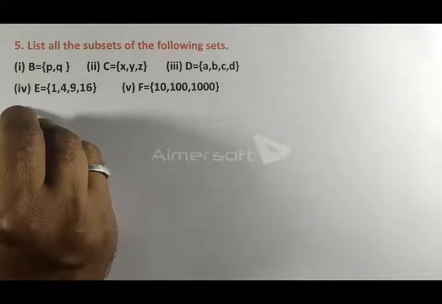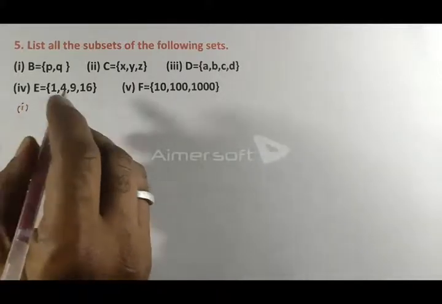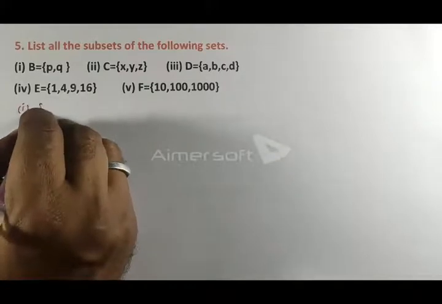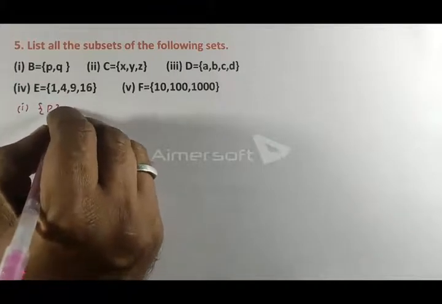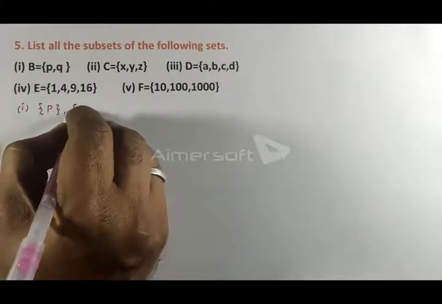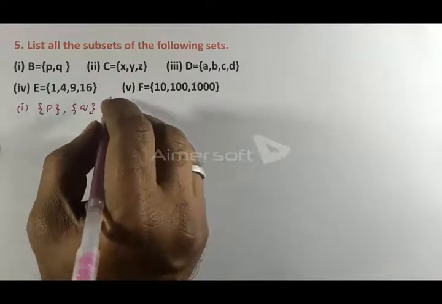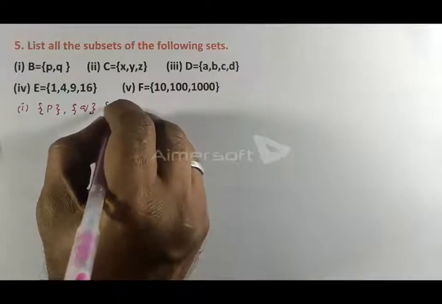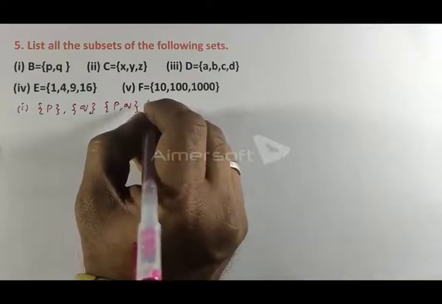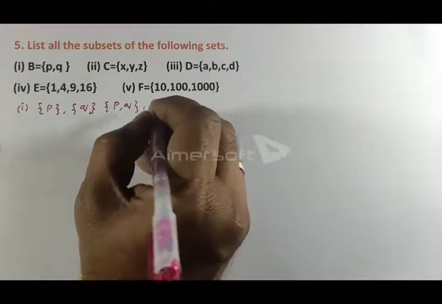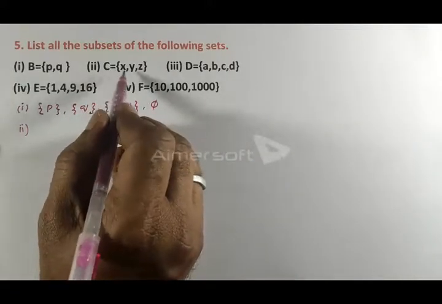I will write all the subsets of B: {p}, {q}, {p, q}, and phi.